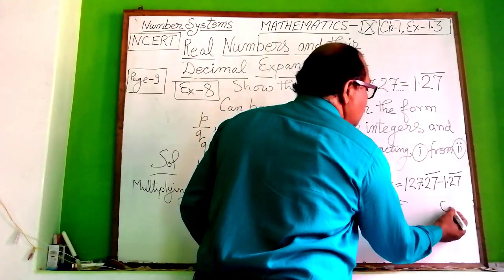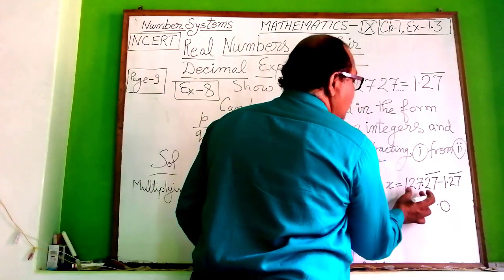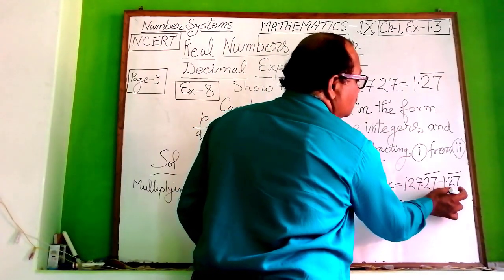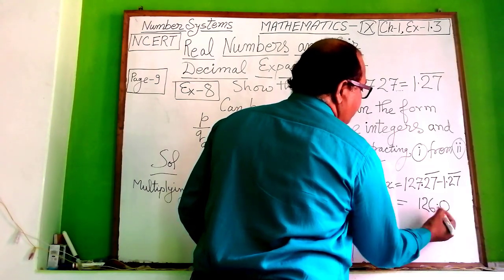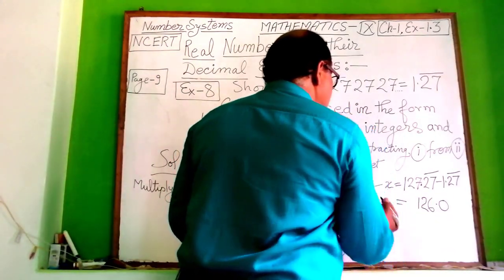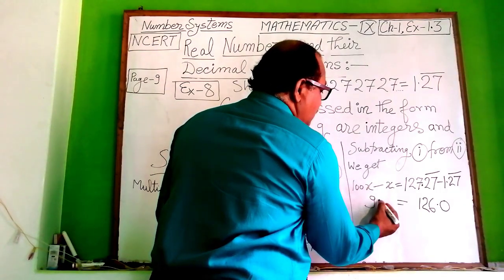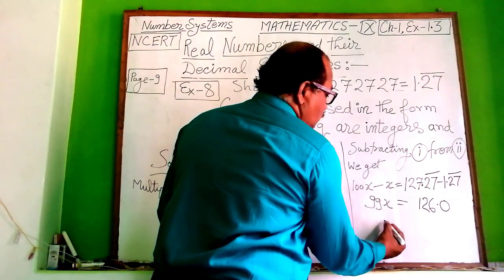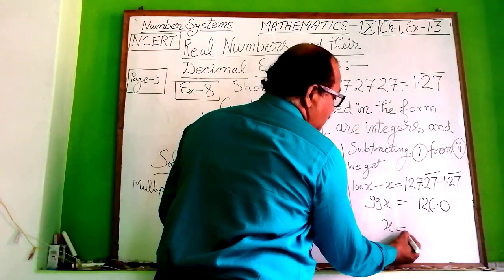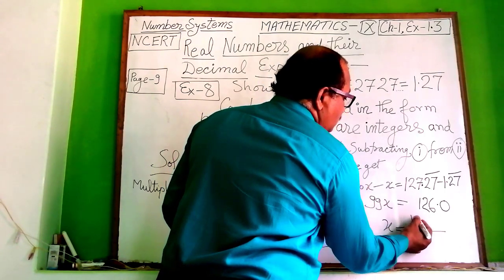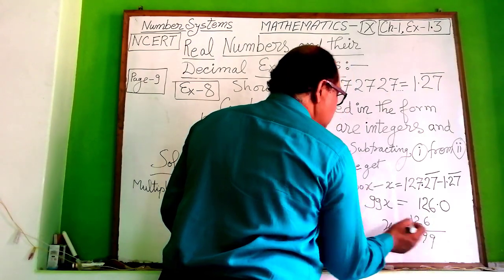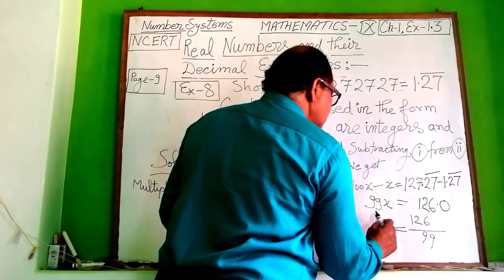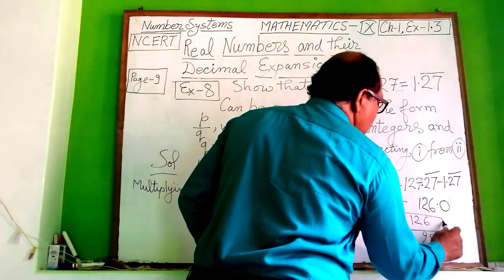So after the decimal no number is left, and 127 minus 1 is 126. On this side you can see 99x. So the value of x is coming 126 upon 99. So students, this is your answer.